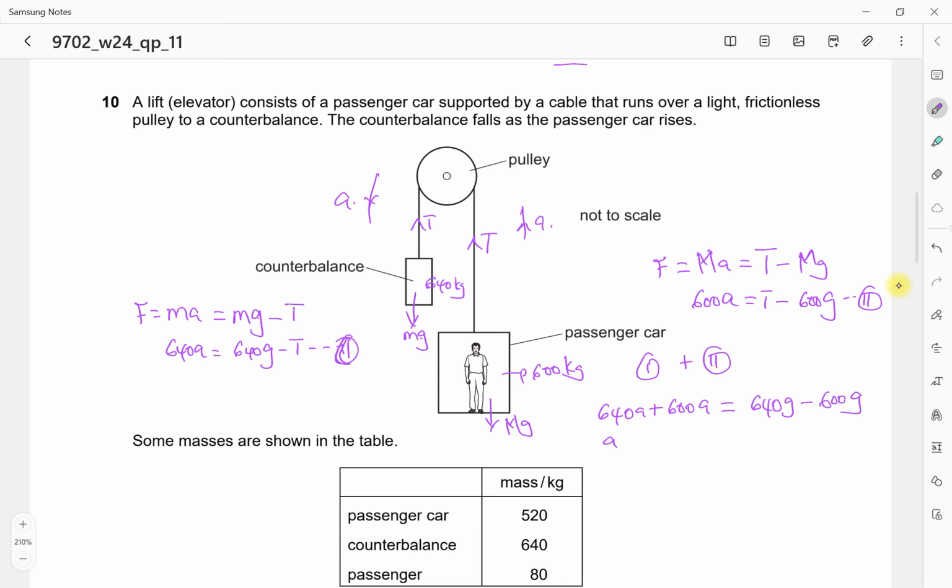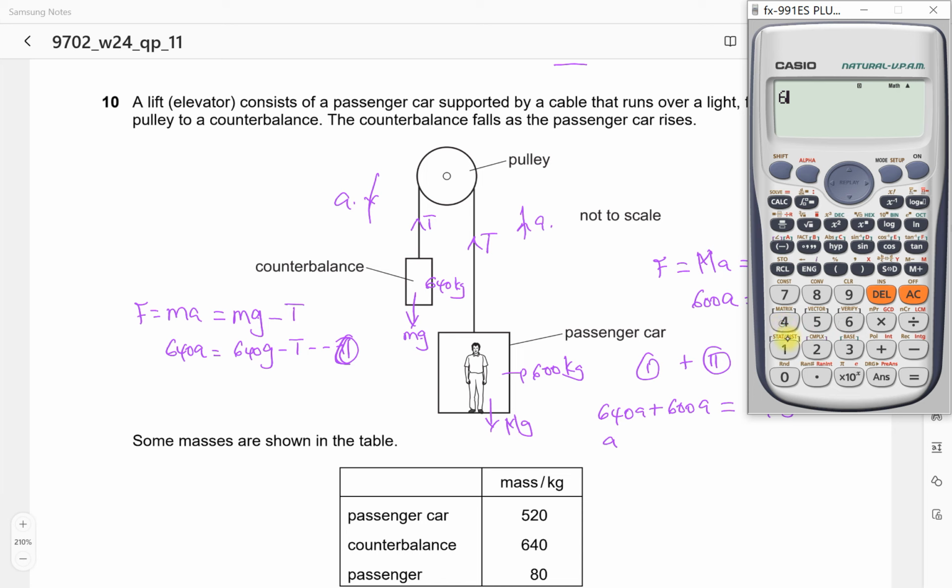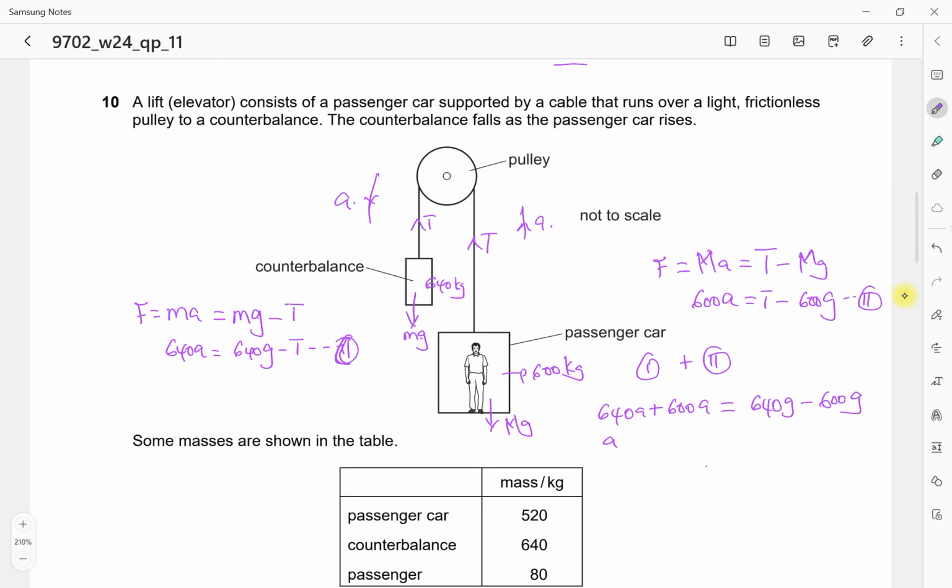So the common factor is A. 640 plus 600, that's 1240A equals, when you subtract this, this is 40g, which is 40 times 9.81.